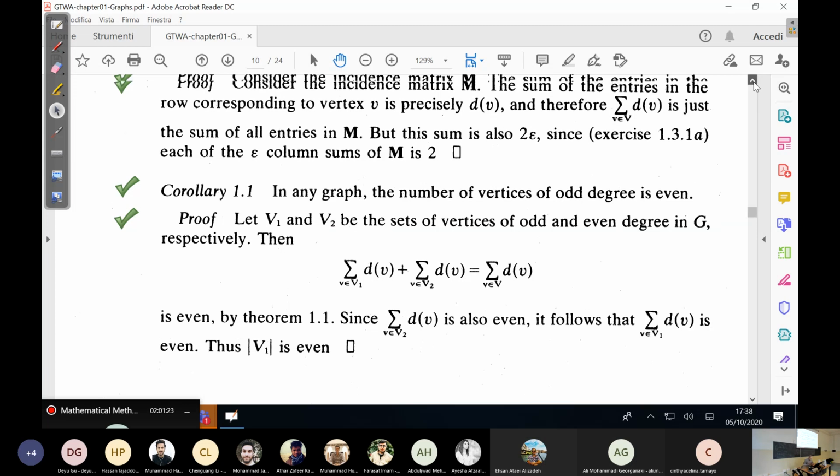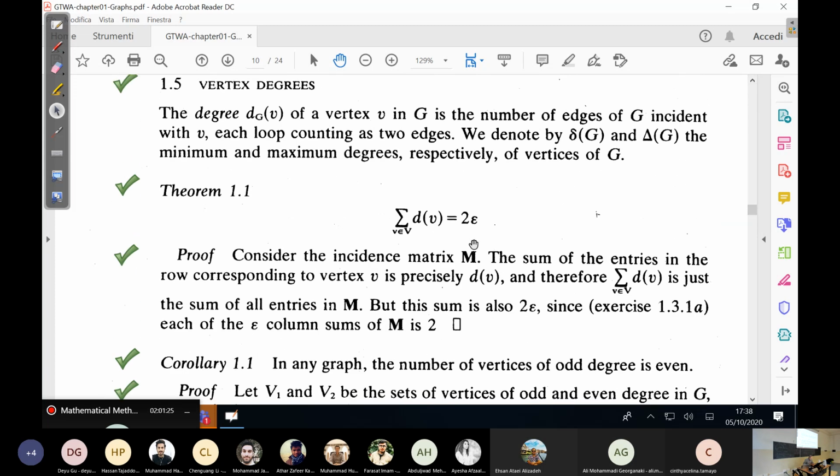No, no, sorry. This is the previous one which asserts that. You don't need this one. It's directly from here. Necessarily, yes, the sum of all must be even.